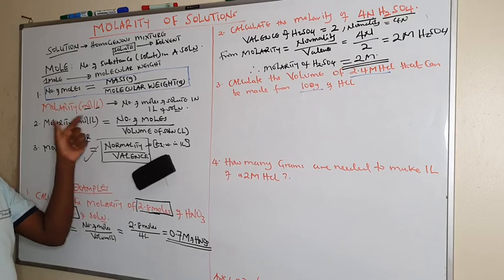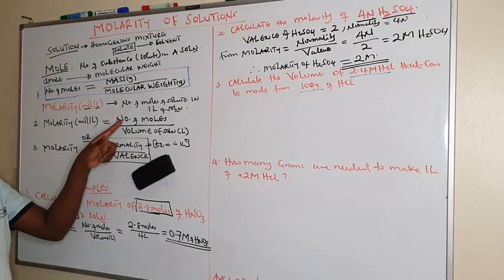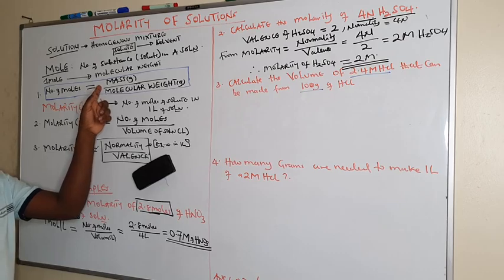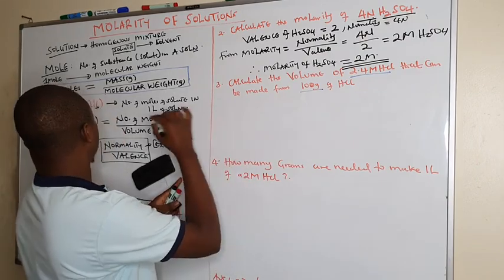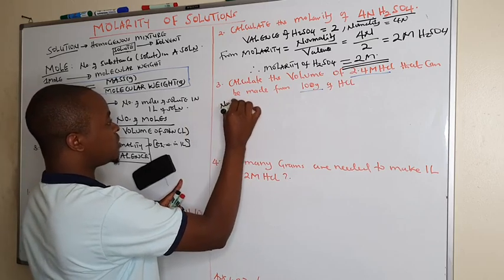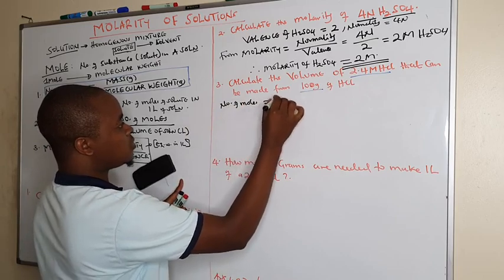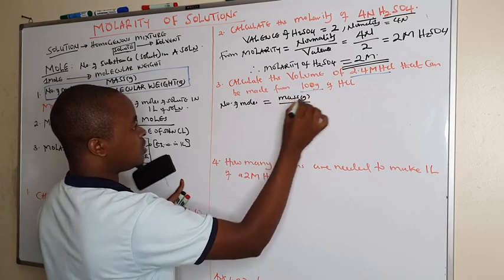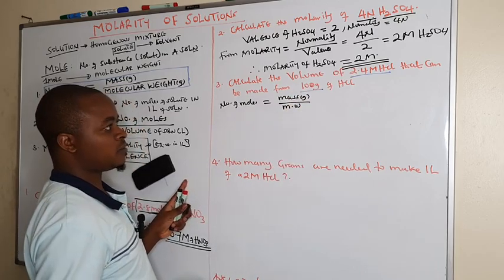So the first thing to do is to look for the number of moles of hydrochloric acid, so that I can use it, because I am able to get it using the formula number of moles equals mass over molecular weight. So we are going to use the first formula. We are looking for number of moles, which is equal to mass in grams divided by molecular weight of the substance.